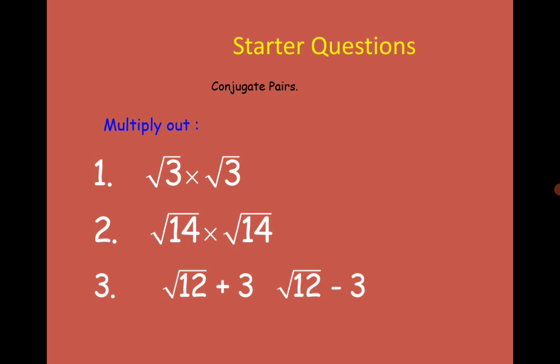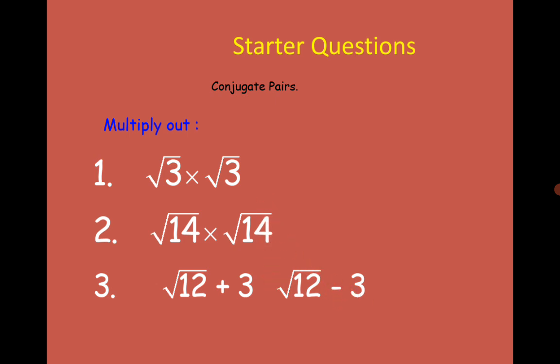Just as a starter, can you quickly multiply these? Root 3 times root 3. Root 14 times root 14. Can you multiply these two? Root 12 plus 3 and root 12 minus 3.